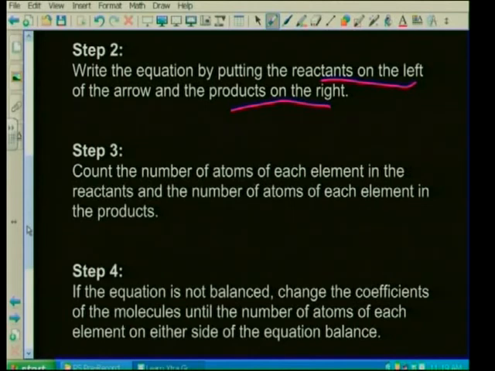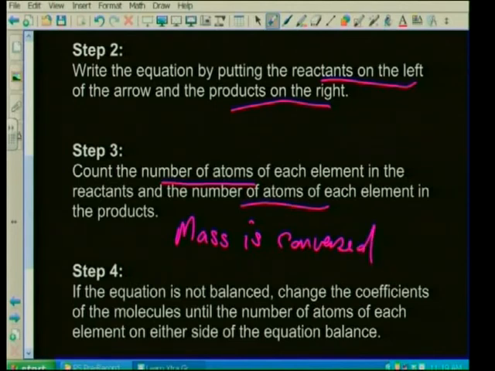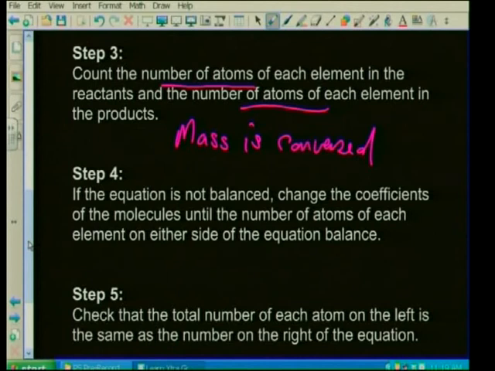Then we're going to count the number of atoms of the reactants and count the number of the products. We want to make sure that mass is conserved. Conservation of mass. Mass must be conserved, the number of atoms must be conserved. So if the equation is not balanced, we're going to change the coefficient.